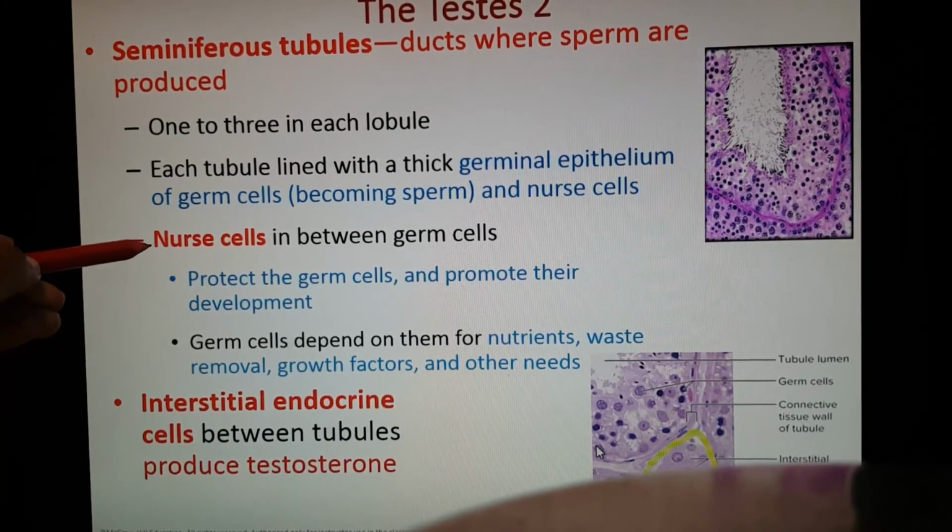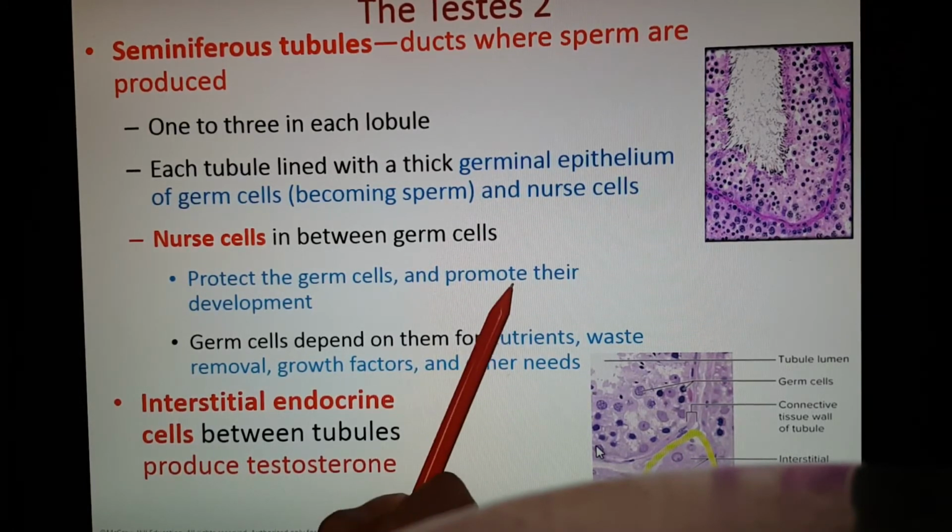So in between, the nurse cells have very tight junctions. Those tight junctions help to prevent the immune system cells from detecting the presence of the gametes, preventing them from being attacked by your immune system.